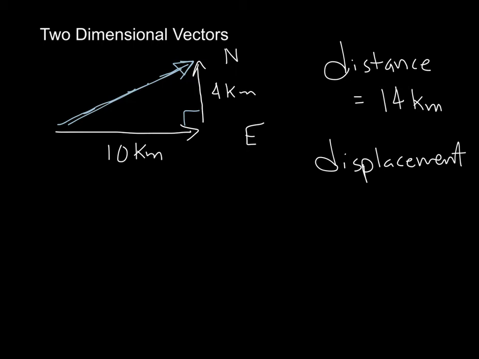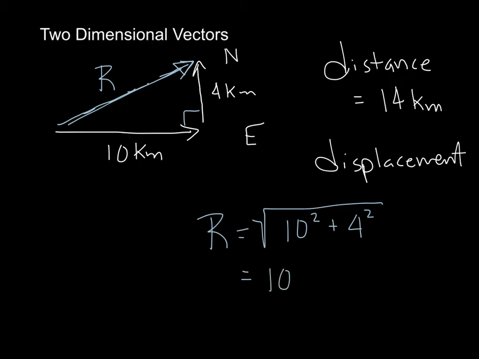So if we are looking for what we're calling our resultant, which is the addition of these two vectors, we're going to say that r, in this case, is going to be equal to the square root of 10 kilometers squared plus 4 kilometers squared. So that's 116. Take the square root of that, and you are looking at 10.7 kilometers.